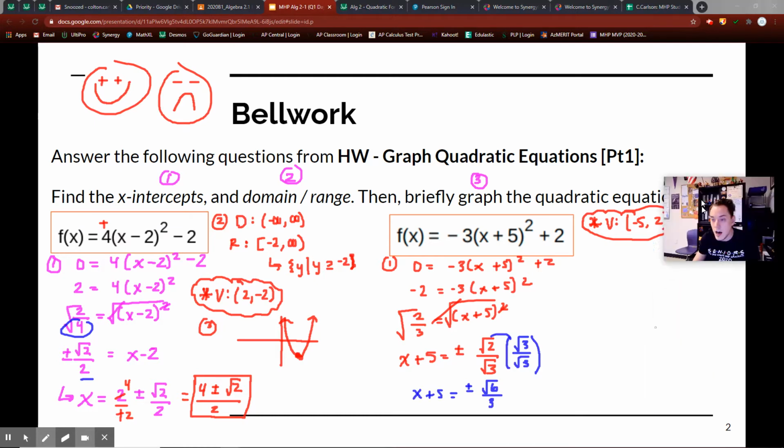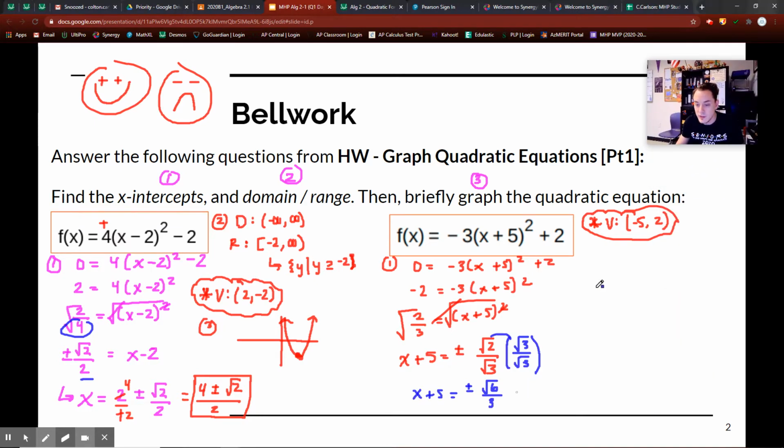Let's finish it up here. So I'm going to subtract the 5 over. So x equals -5 plus or minus radical 6 all over 3.